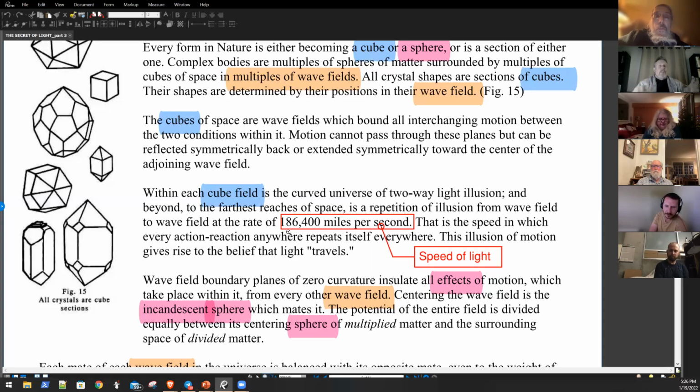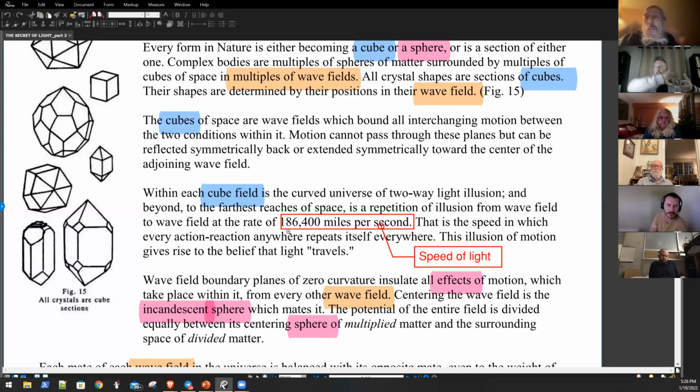So I would say if you had a series of light bulbs, say, 100 long, and each one lit up separately but in sequence, that would give you an illusion that light was traveling. But it's not.